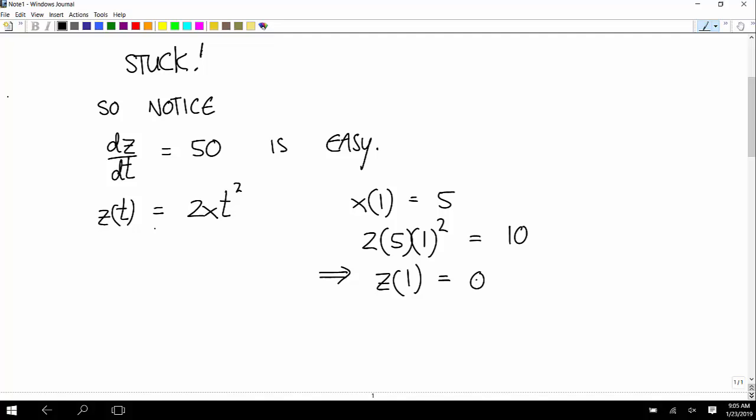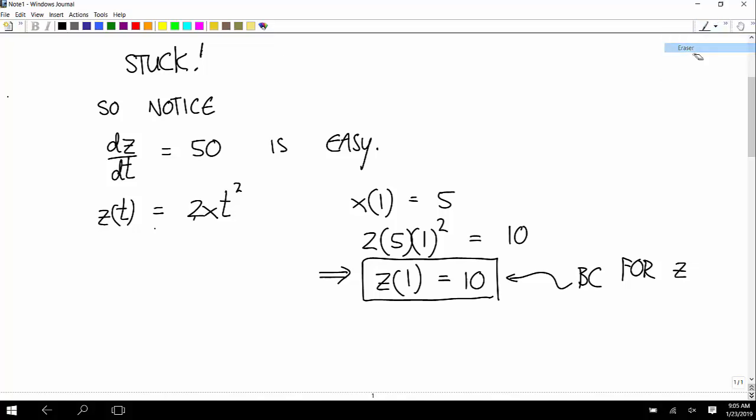Everybody follow why I did that? So now we have a boundary condition for z instead of for x. So this is our new boundary condition. Okay, and now the differential equation is this.